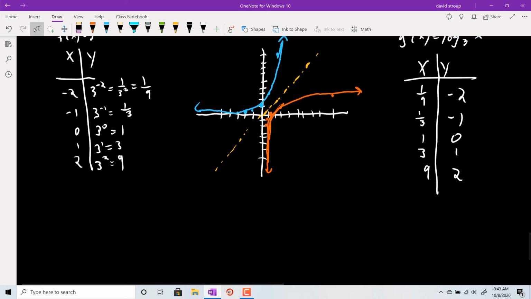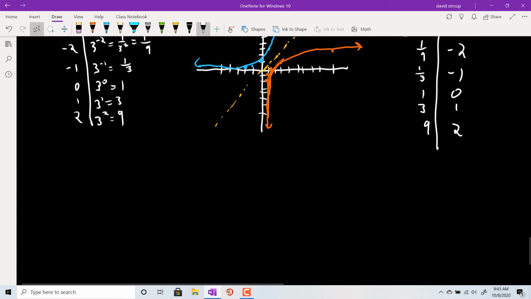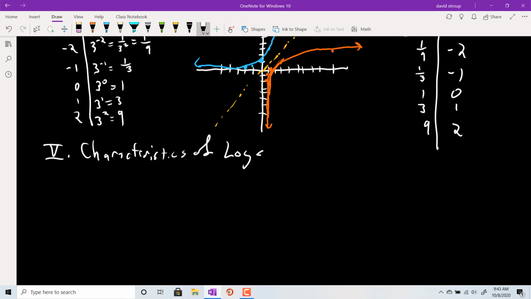So in general, what are the characteristics of the logs then? Okay, so section 5, the characteristics of logs. So first, the domain and the range. These will just be the opposite of the exponential function.